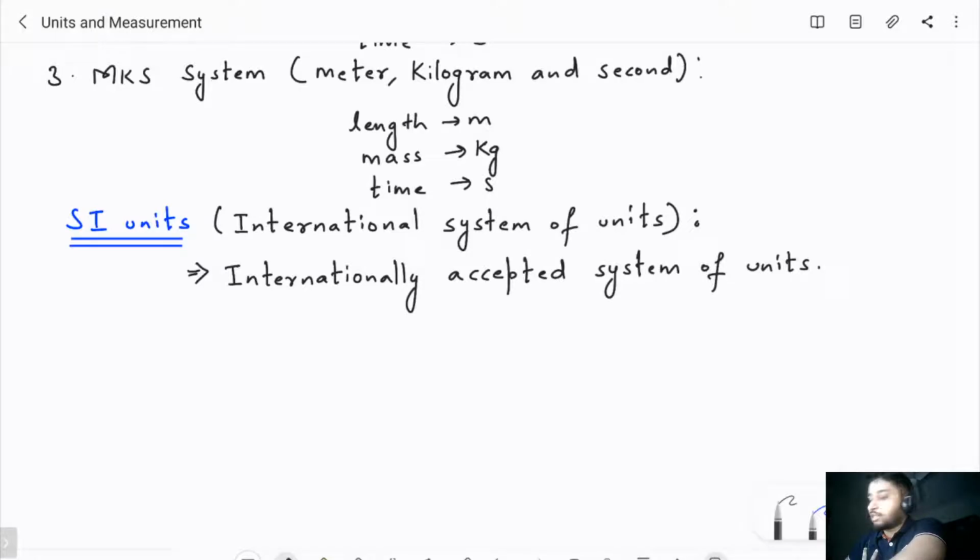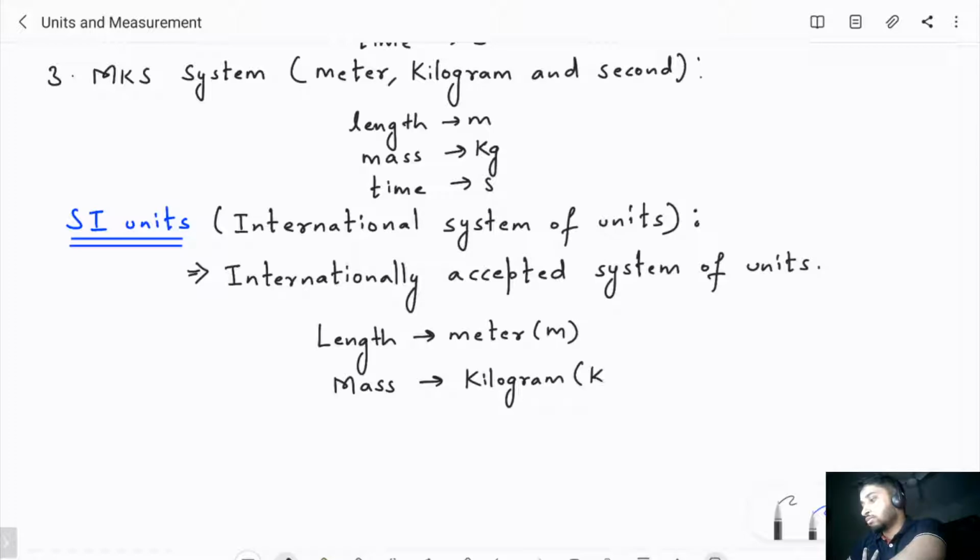So in SI units we measure length in meter, mass in kilogram, and time in second.